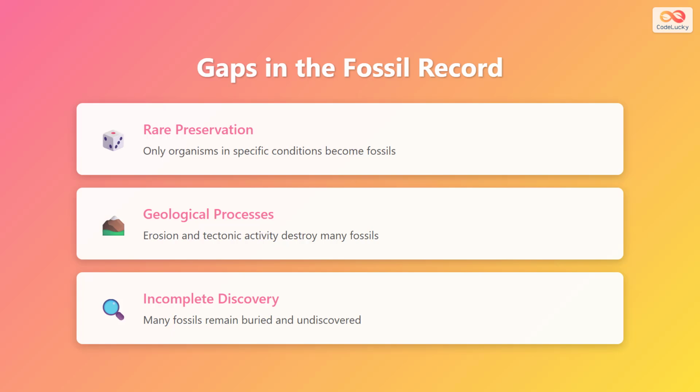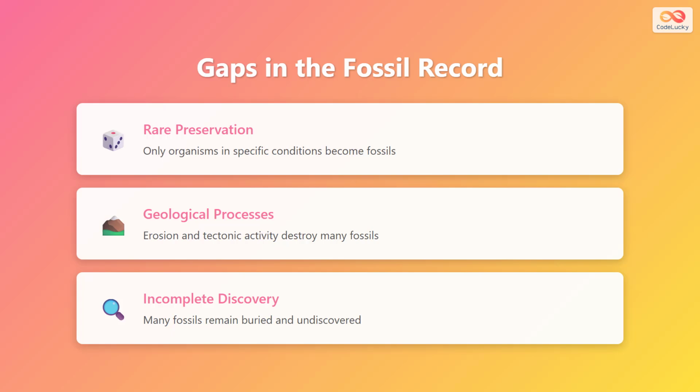While the fossil record is incredibly valuable, it's important to understand that it's incomplete and has gaps. There are several reasons for this. First, fossilization is an extremely rare event. Only organisms that die in specific conditions, such as being rapidly buried in sediment, have a chance of becoming fossils. Most organisms simply decay without leaving any trace. Second, geological processes constantly reshape Earth's surface.